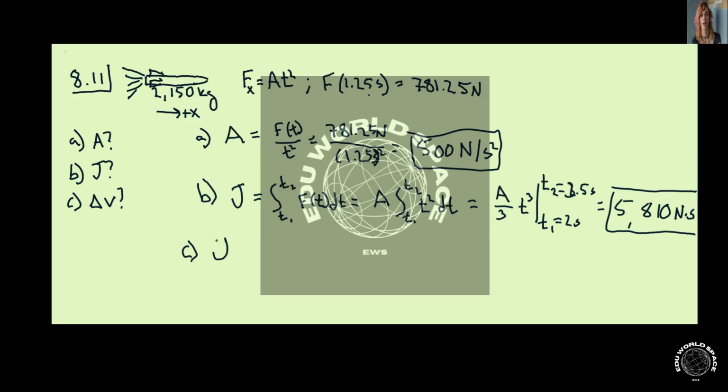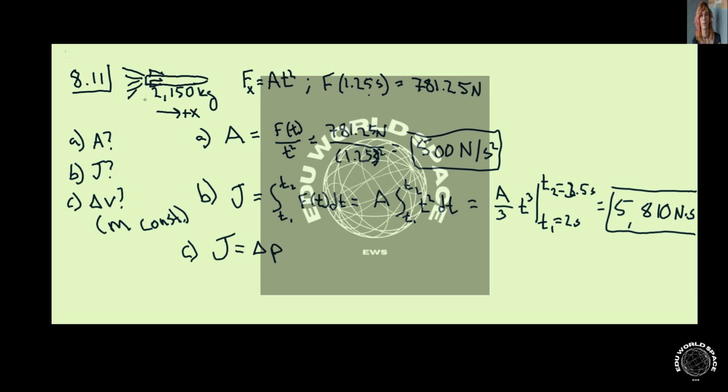So we know, like I just said, that the impulse is equal to the change in momentum. And now the problem says to assume that the mass of the rocket is constant.